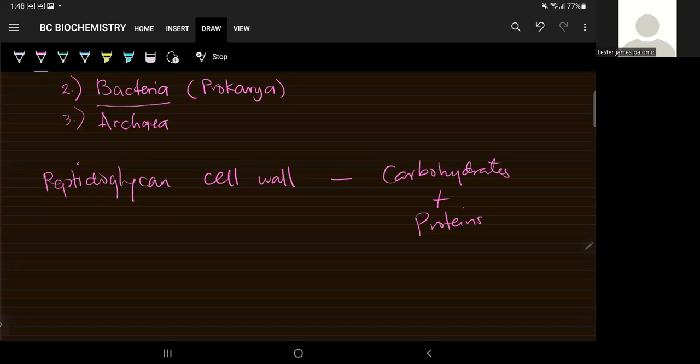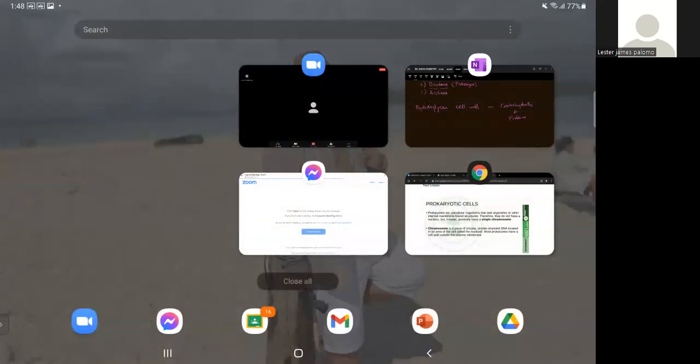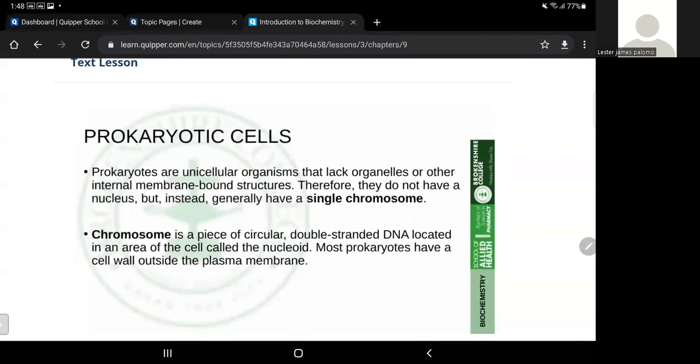That is the composition of the peptidoglycan cell wall. Okay, to continue, so that comprises the prokaryotic cell. It also has a chromosome, but it lacks the nucleus.